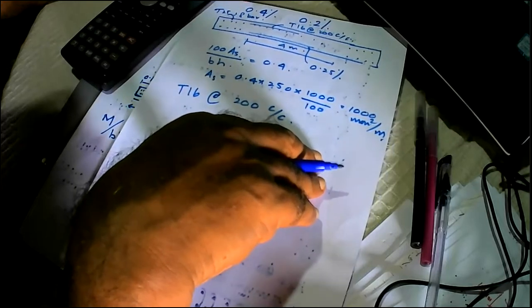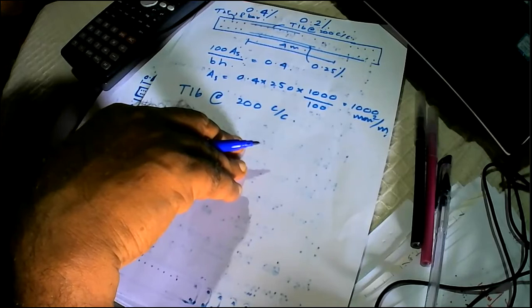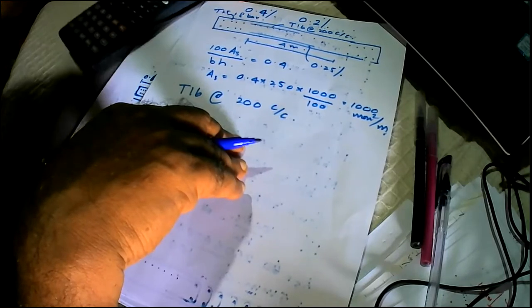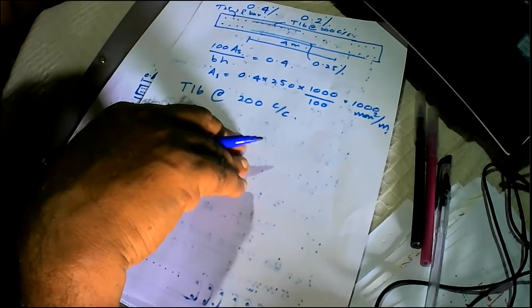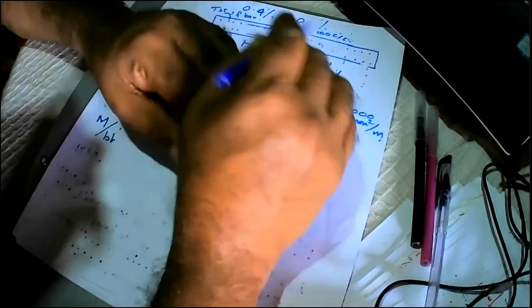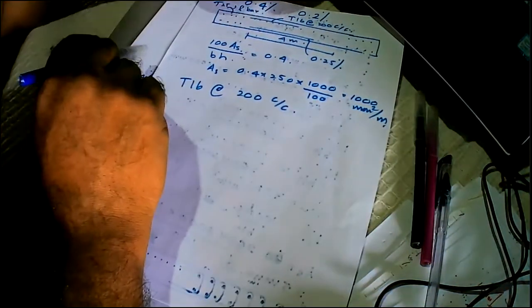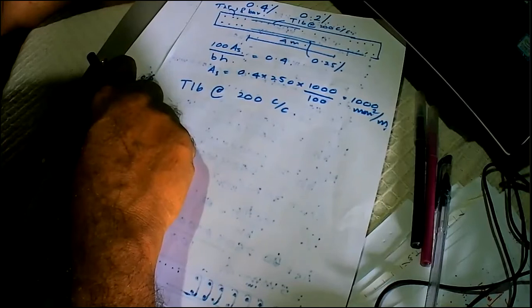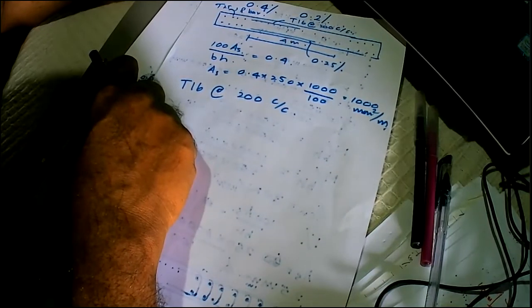Excuse me, sir. Yeah. Sir, you have taken the confinement length as 1 meter from each side, right? So is there any rule to take? No. There's no hard and fast rule. But generally, when you are taking this confinement length, you have to take a reasonable distance. So you can see for this 1 meter, this DOH ratio remains around 0.91, right?